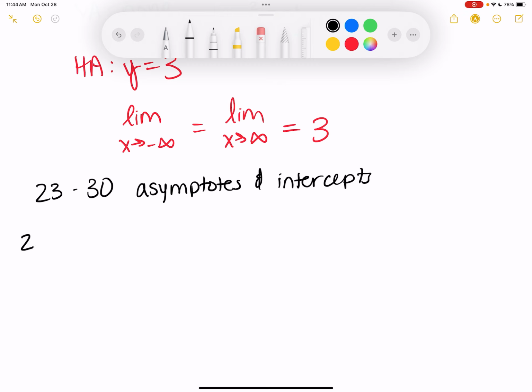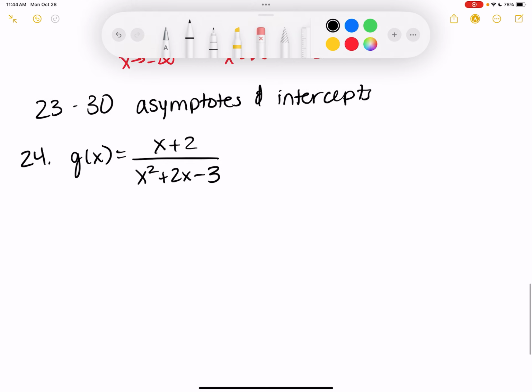Number 24, g of x equals x plus 2 over x squared plus 2x minus 3. So I want to find my horizontal and vertical asymptotes. How would I go about finding a vertical asymptote? Set the denominator to 0. So I'm going to have x squared plus 2x minus 3 equals 0. Now what do I have to do?